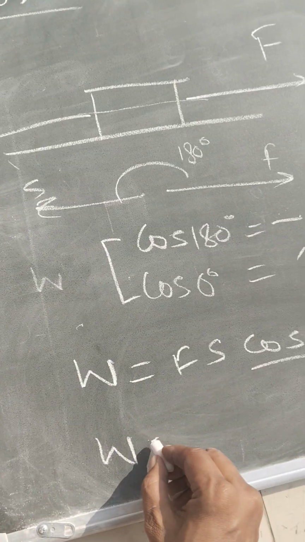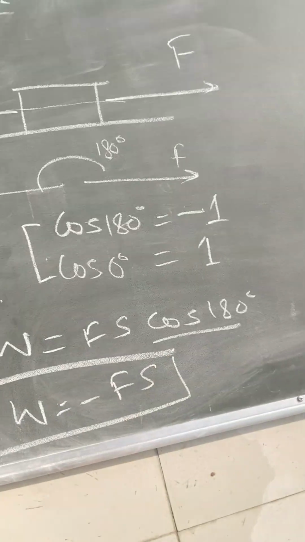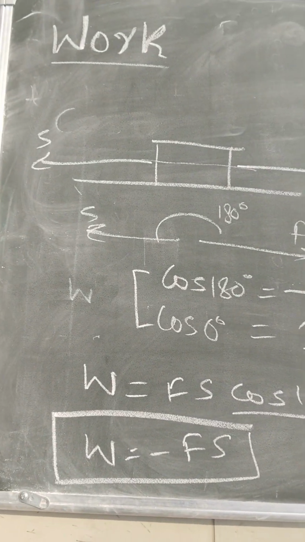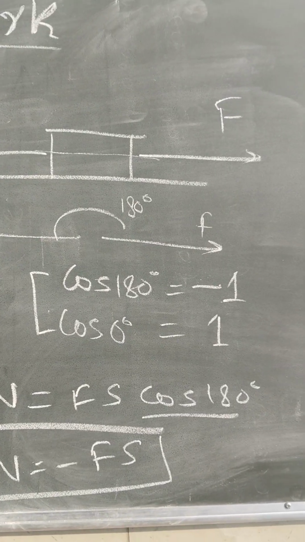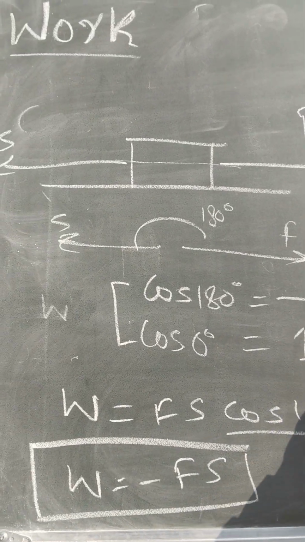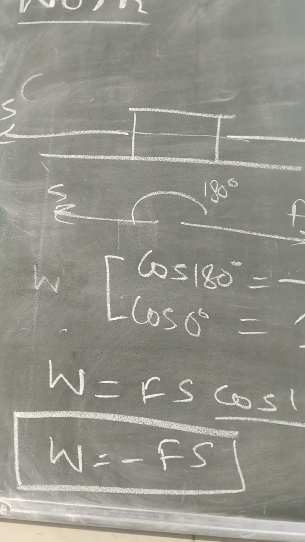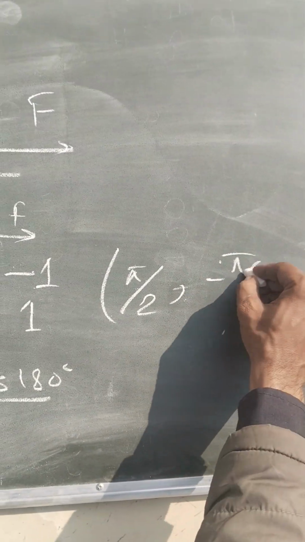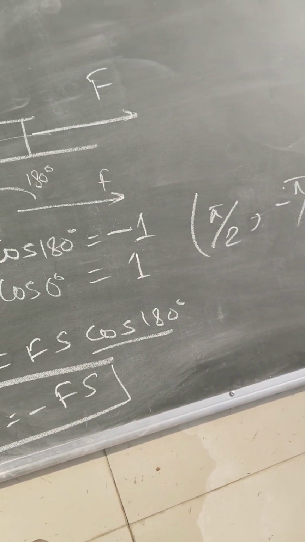So work becomes minus Fs. So whenever the angle between displacement and force is 180 degree, the work done is negative. And also in this entire range, that is pi by 2 to 3 pi by 2. So this is the concept of negative work done.